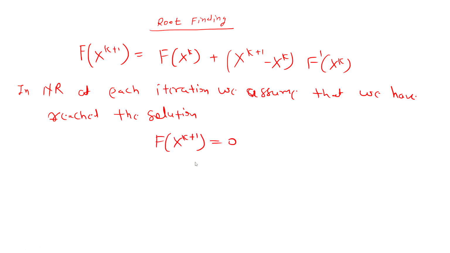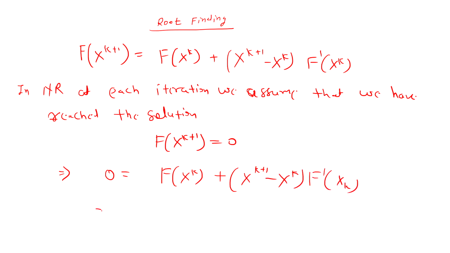At each iteration we are saying that this thing is 0. That means from the first order approximation it will become 0 is equal to f of xk plus xk plus 1 minus xk times f prime xk, and this will give me xk plus 1 is equal to xk minus f of xk upon f prime xk.